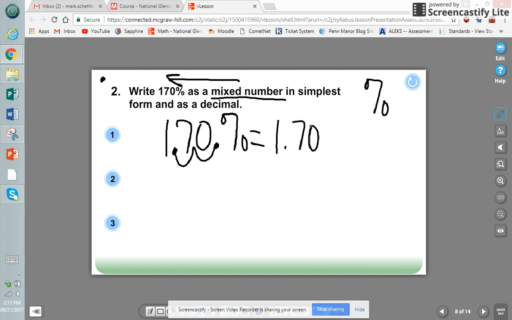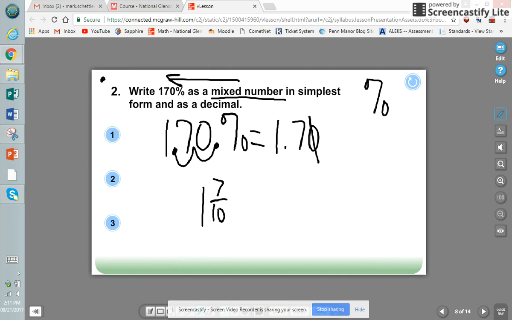And I'm going to rewrite the number as 1.70. And you might say, Mr. Shetler, do I need that 0 on the back? No, you don't. So let's write this number, just say it, and then I'm going to write it. So I have 1 and 7 tenths.